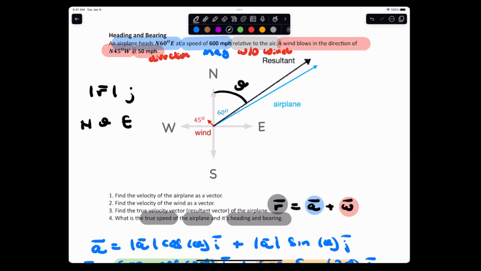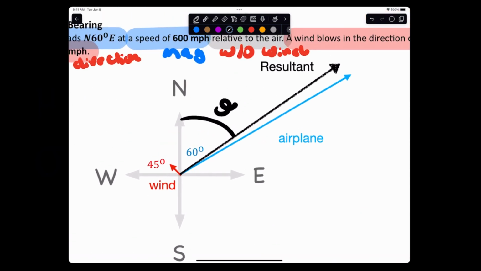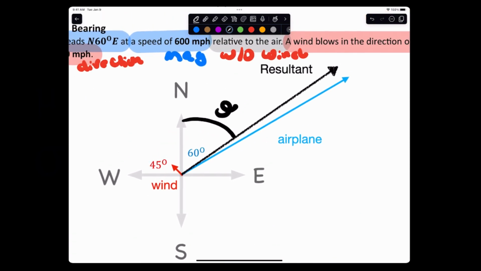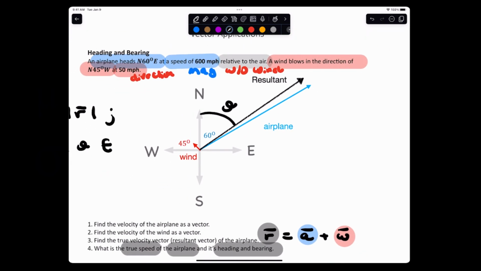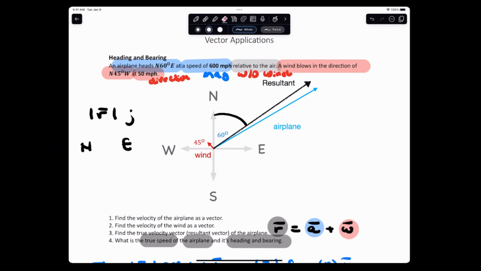That is the heading, and it's for the black vector. Isn't that northeast? So maybe we should change that letter. I got to change this letter here. I'm going to change it to alpha. You say, why alpha?